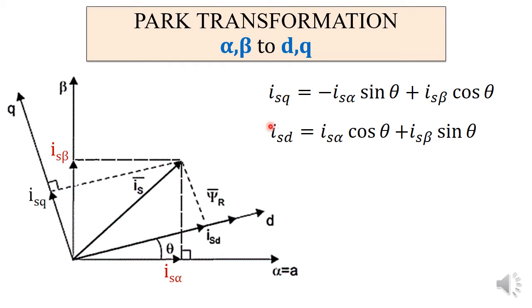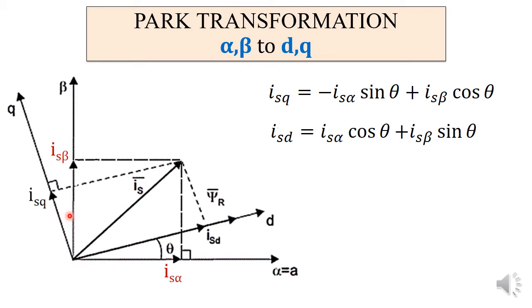ISQ is equal to the component of IS alpha along ISQ. That is IS alpha sin theta. IS alpha sin theta will be in this direction. So minus of IS alpha sin theta will be in this direction. So minus of IS alpha sin theta plus IS beta.